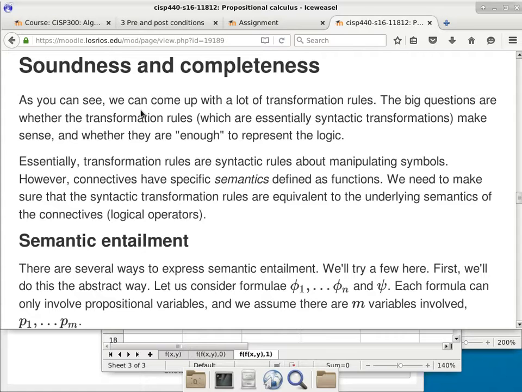Sound means it makes sense. Is it complete? Complete means it can represent everything that you can normally represent using the logic system. So everything that we normally do by hand, can we do all of that in propositional logic? That is completeness. We want to make sure that both of these requirements are satisfied in order for the propositional logic system to be useful.